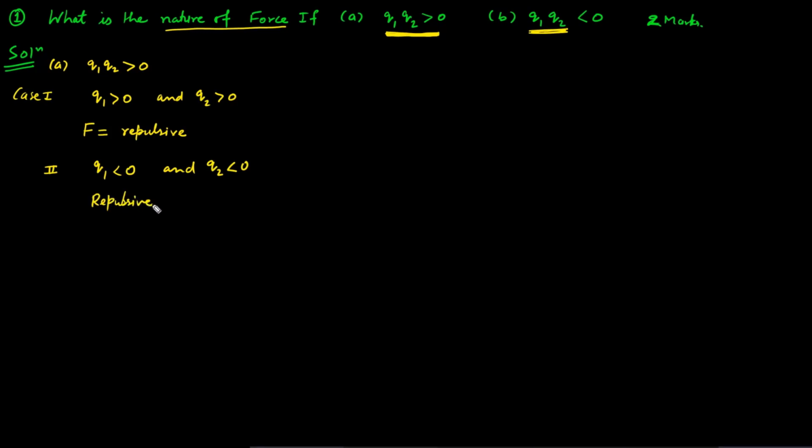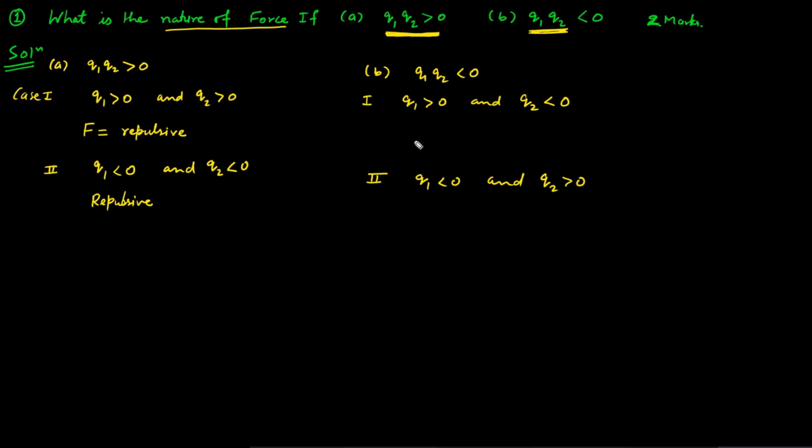Now, same way, if I talk about the solution of the second part, q1 into q2 is less than 0. That is possible when either q1 is greater than 0 and q2 less than 0, or q1 less than 0 and q2 greater than 0.